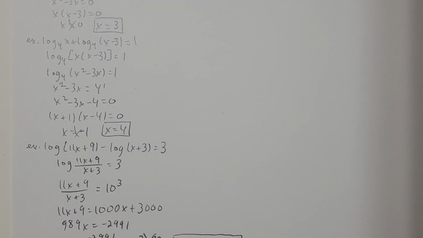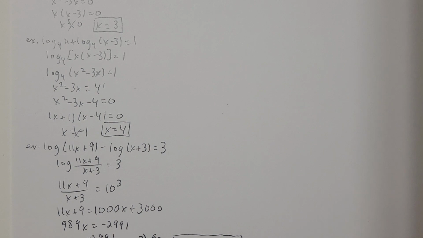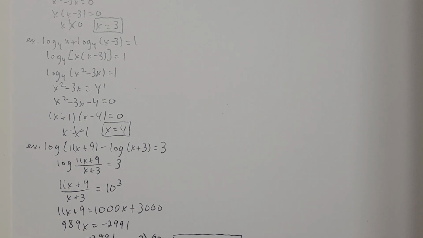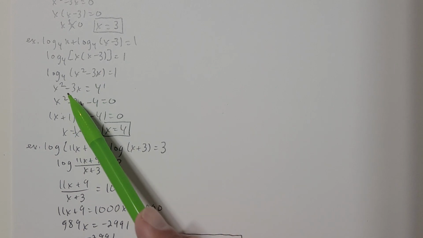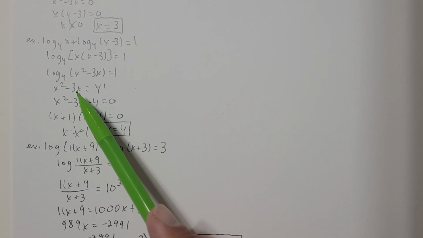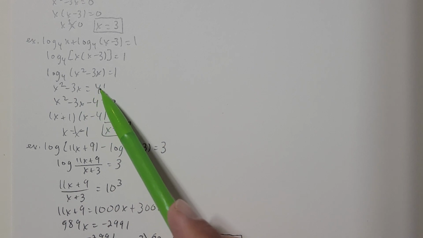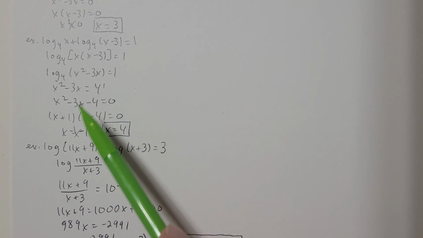Now from this point, you've actually got two options to continue to solve. Probably what most people would do is use the definition of a logarithm and get rid of this logarithmic notation. If we do that, x squared minus 3x, that's the input, so that'll be all alone on the exponential side, equals the base 4 to the y value of 1.